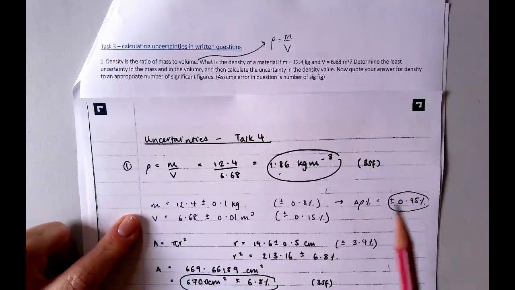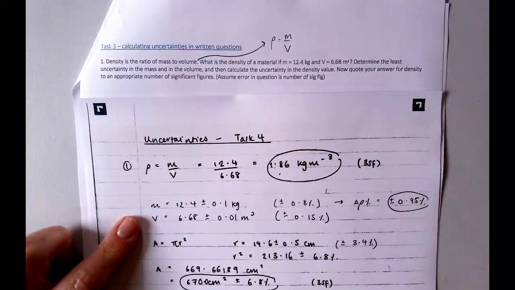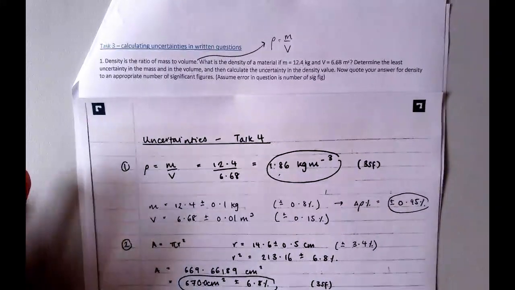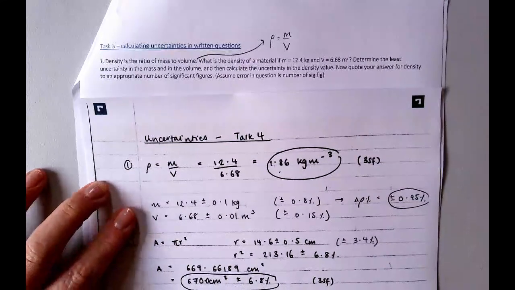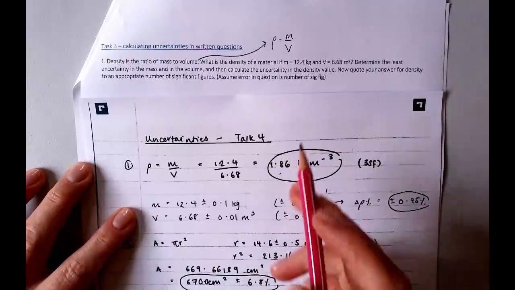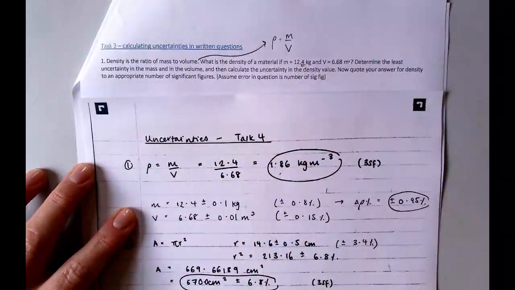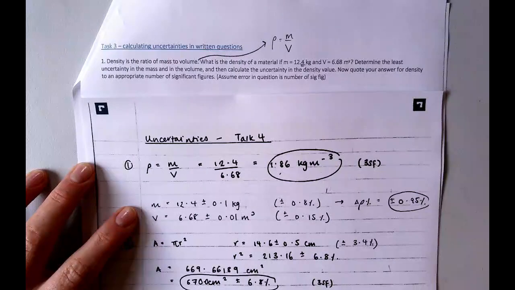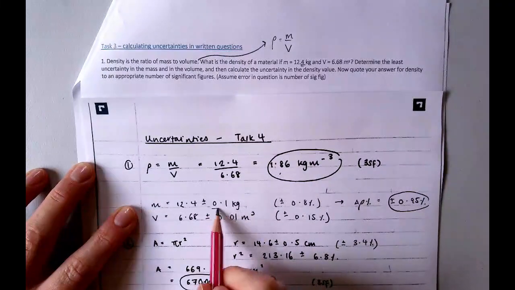Now, the uncertainty, if not stated as being measured, is going to be the precision of the value. Okay, the fact that I could only record this to the nearest 0.1 kilograms says that I'm not sure by that much. Okay, I can't be more certain than the nearest 0.1 kilograms.